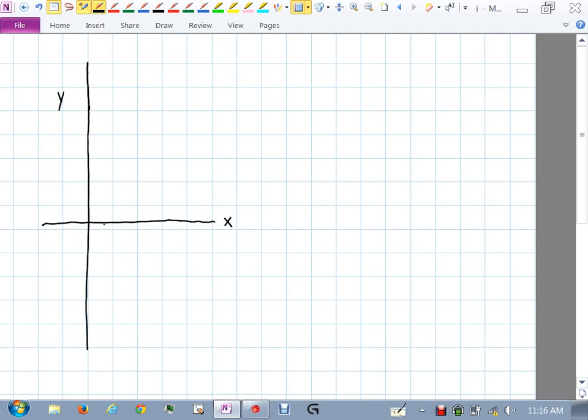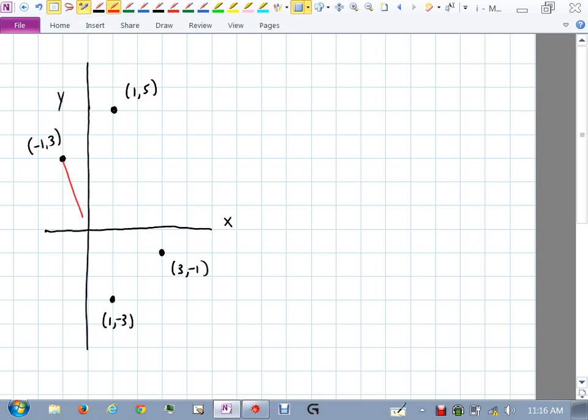So 1, 5. There we go. I'll label it 1, 5. And then I have negative 1, 3. I have 1, negative 3. And then I have 3, negative 1. And then I'll connect these with straight lines like this.